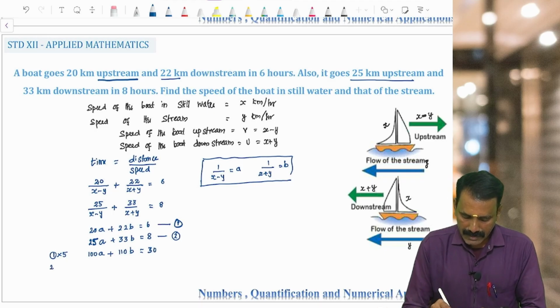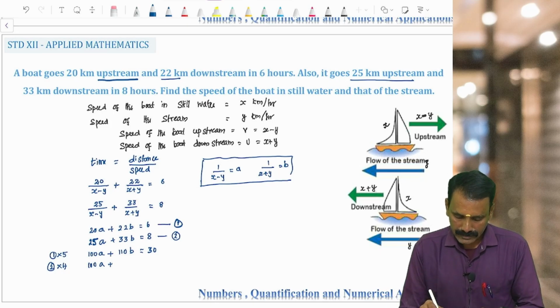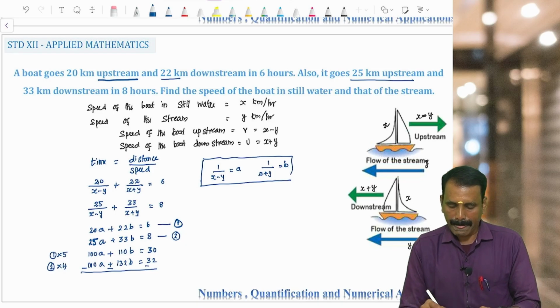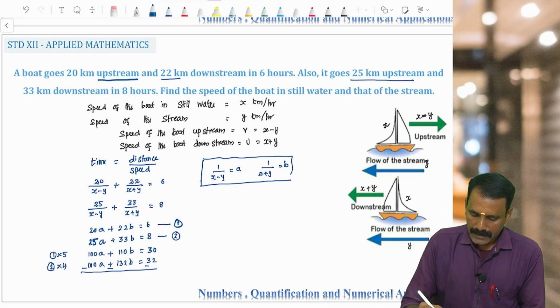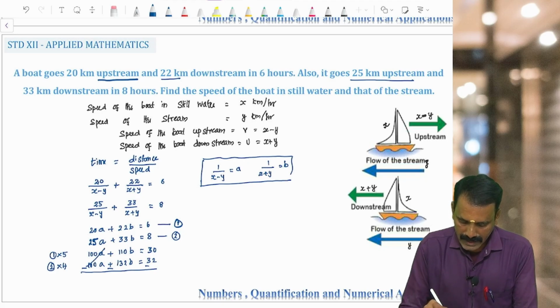And I multiply second equation with the 4. 4 into 25, 100a, 4 into 33, 132b is equal to 4 8s are 32, and we subtract these expressions. So we try to get the value for b here. So the a term is getting cancelled.